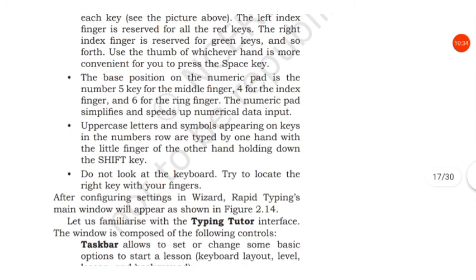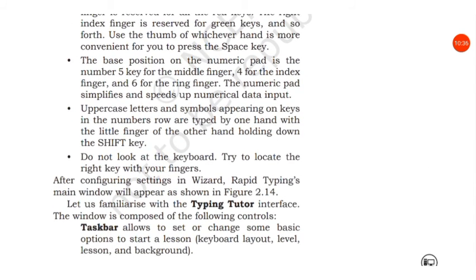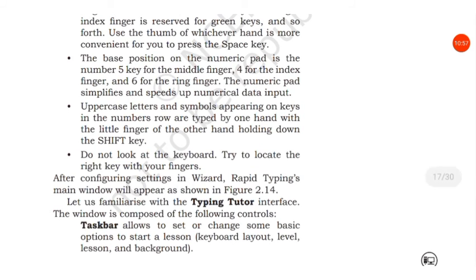Then uppercase letters and symbols appearing on the keys in the numbers row are typed with the little finger of one hand while holding down the shift key with the other hand. So if we want to type uppercase letters or symbols, we have to use only one hand for typing while the other hand presses the shift key.